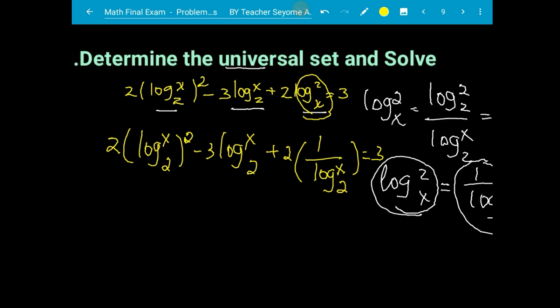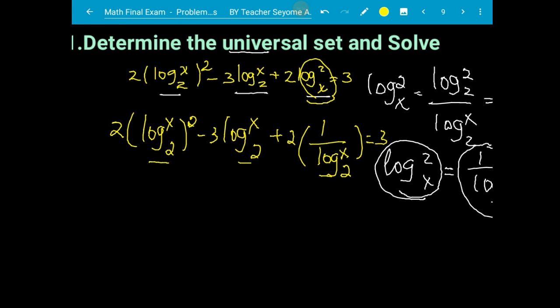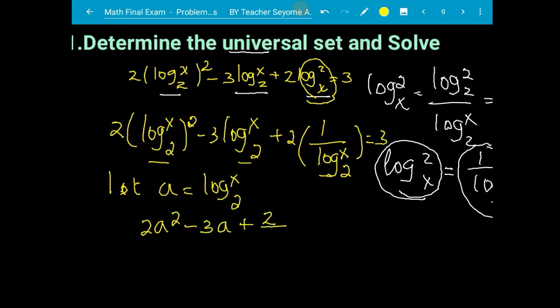Now, all these are the same, so you can use the substitution method. Let a equal log x the base 2. The equation becomes 2a square minus 3a plus 2 over a equal to 3.